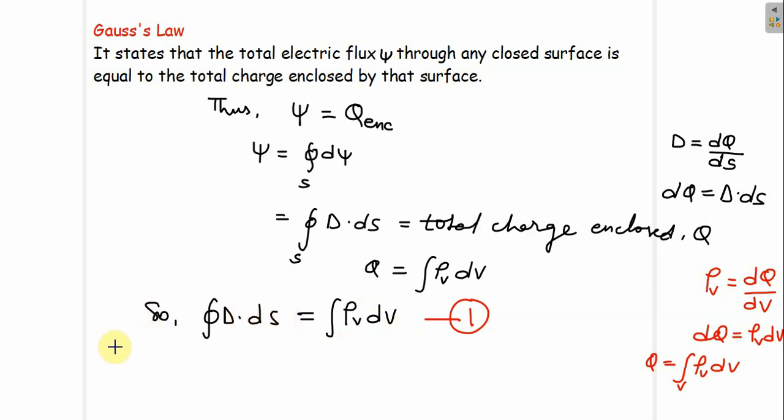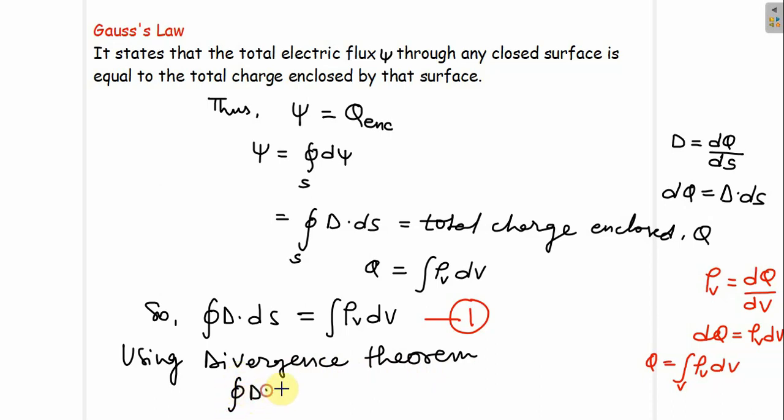So using the divergence theorem, D dot ds is equal to the integral of del dot D into dv.